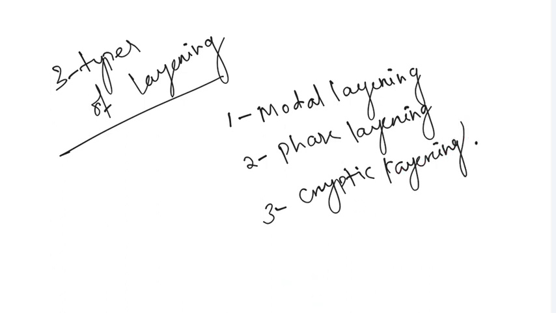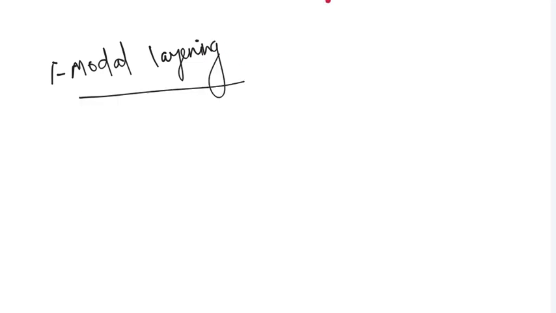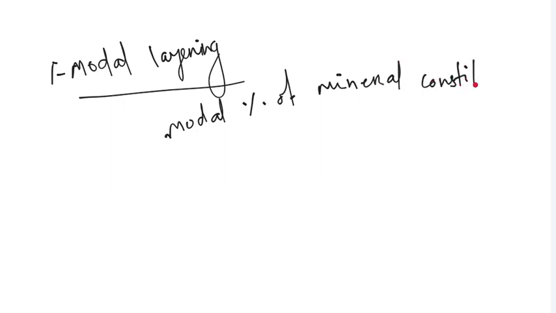Okay, so in case of modal layering, you have already written down the modal thing. So who can say what the modal layering will be? Modal layering is the modal percentage of mineral constituents, like the oxides, or the quartz percentage, or your plagioclase percentage.